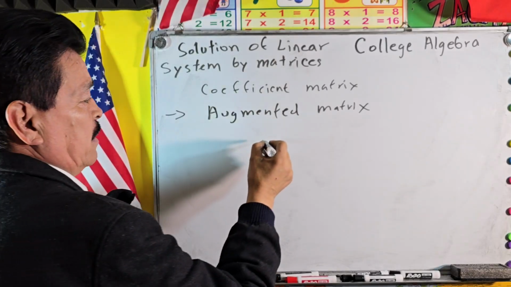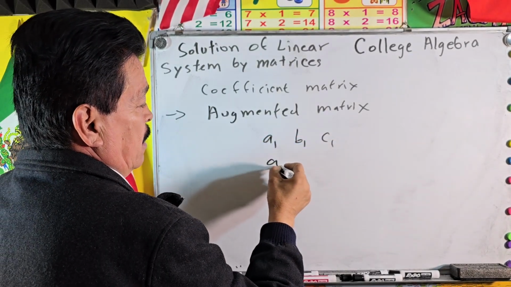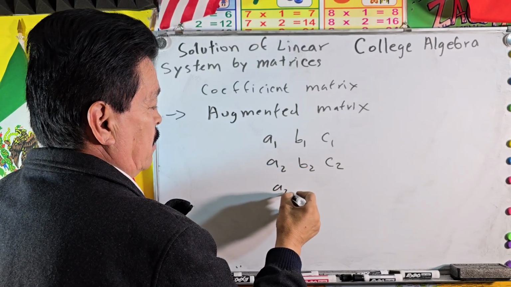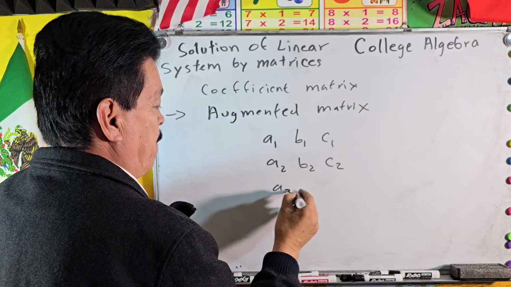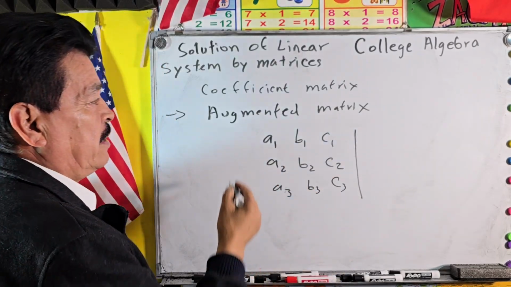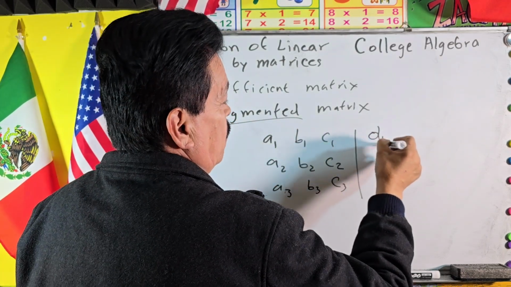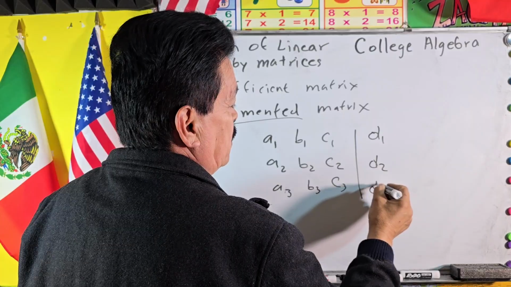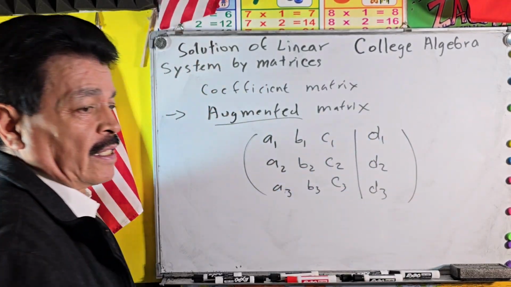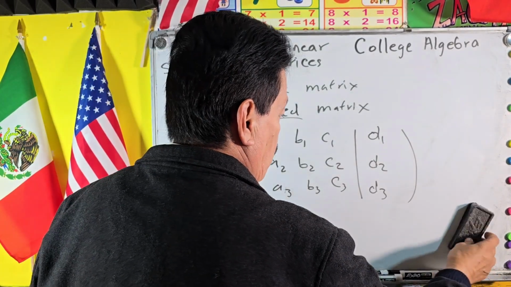So just write it this way: A1, B1, C1, and so on through all these, A3, B3, C3, but augmented. This means that we have to write D1, D2, and D3 as well. All right, so we have this matrix now this way. Let's try to solve one problem.